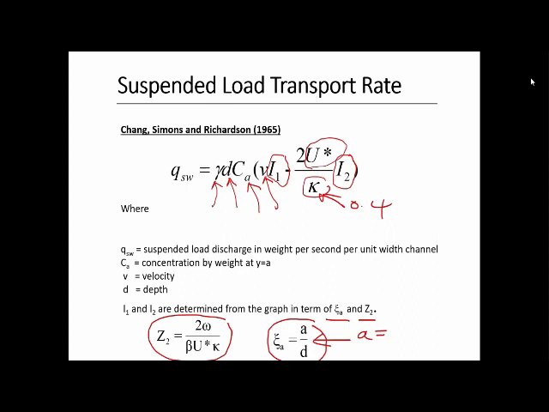Kalau you pakai rules, it is equals to 0.05 D. D is your water depth. And then Z2 here is equals to this forward velocity divided by this beta times the shear velocity times the von Karman.